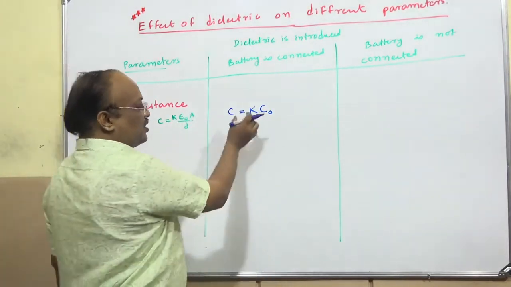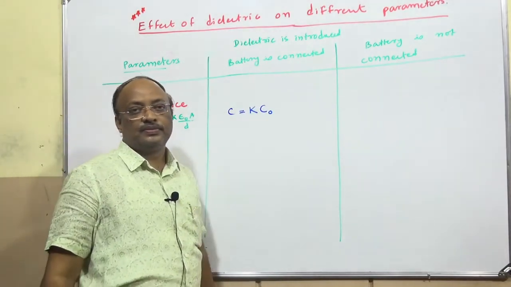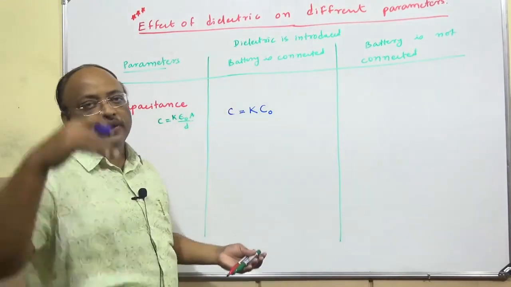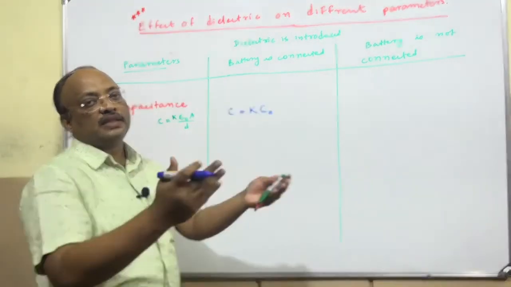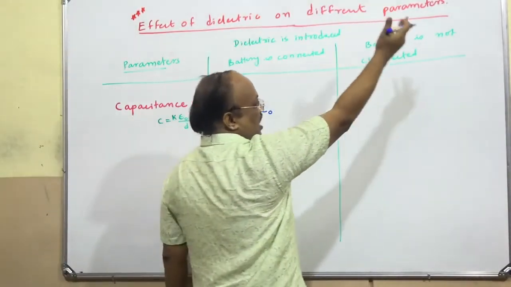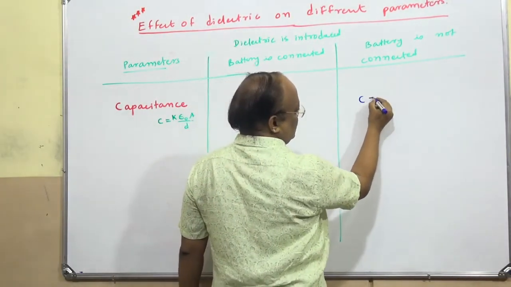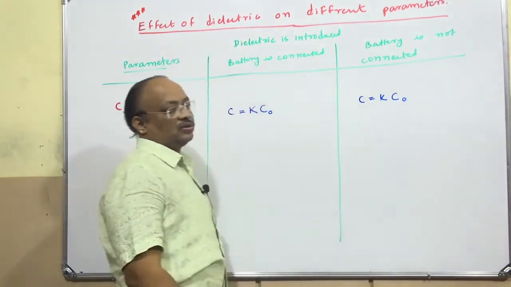Whether the battery is connected or not, since the introduction of the dielectric has increased the capacitance, it does not depend on the battery. Therefore, here also C is equal to K times C naught.